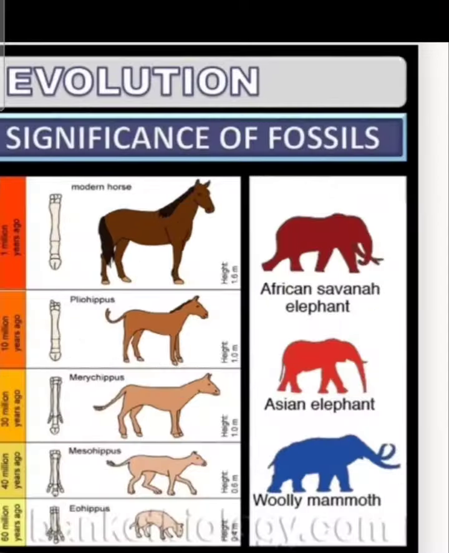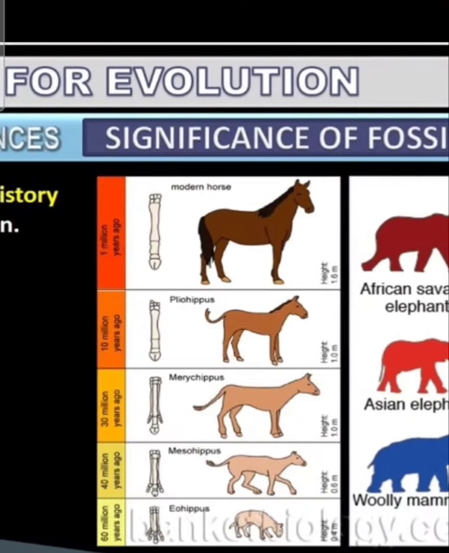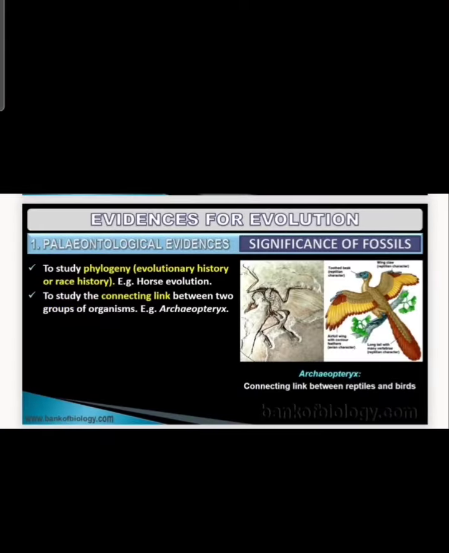For example, how the horse evolved, and even the elephant, right? You can see this by the significance of evolution. Next, to study the connecting link between two groups of organisms.